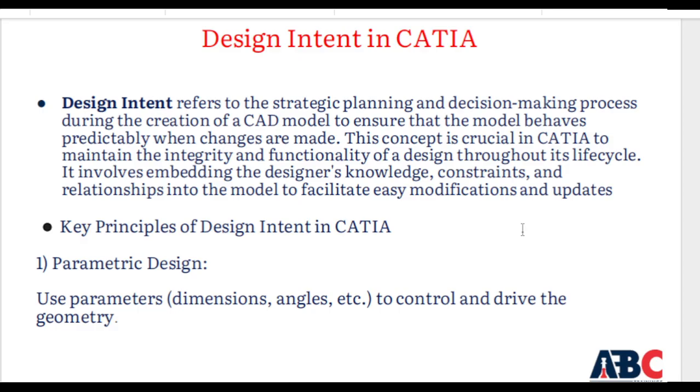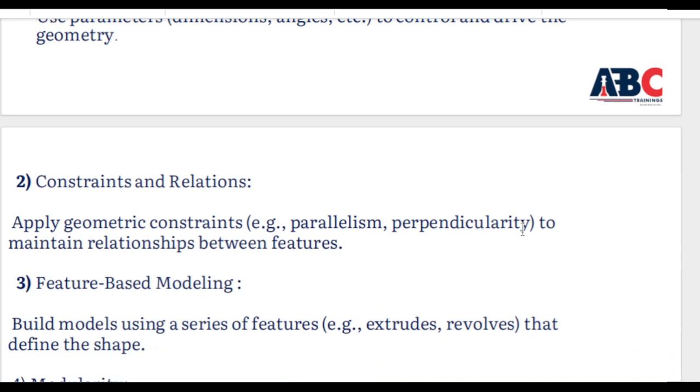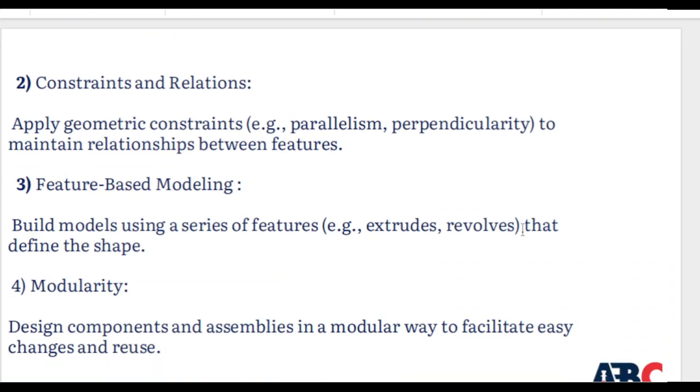Key principles of design intent in CATIA. First, parametric design: use parameters, dimensions, and angles to drive the geometry. Second is constraints and relations: apply geometric constraints, for example, parallelism and perpendicularity, to maintain relationships between features.